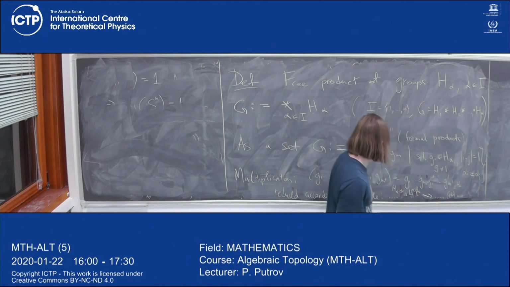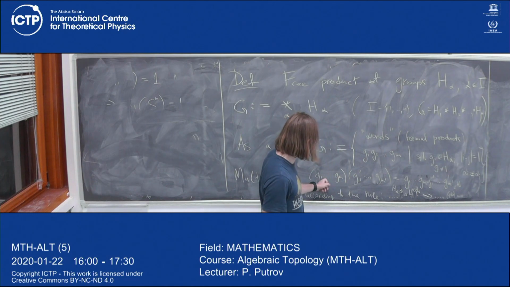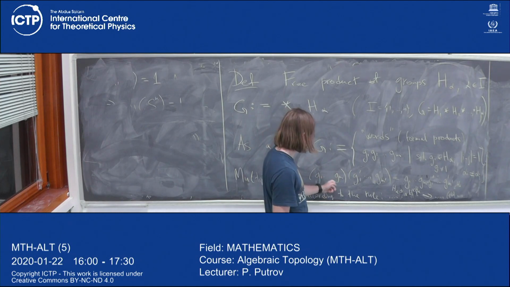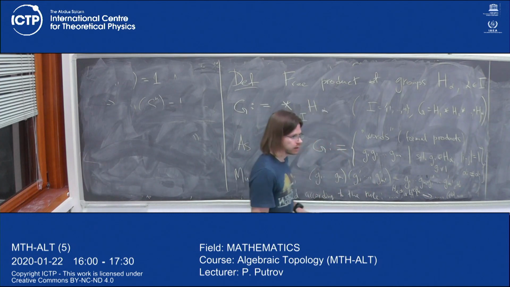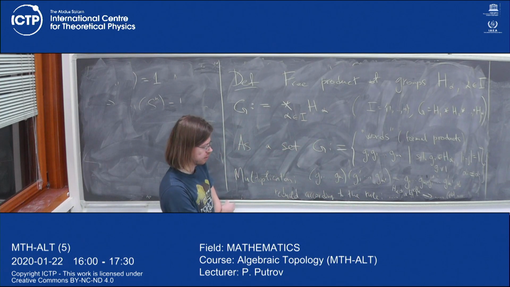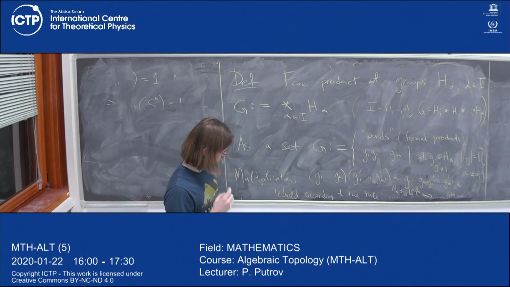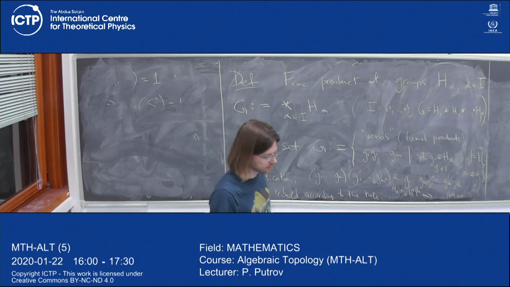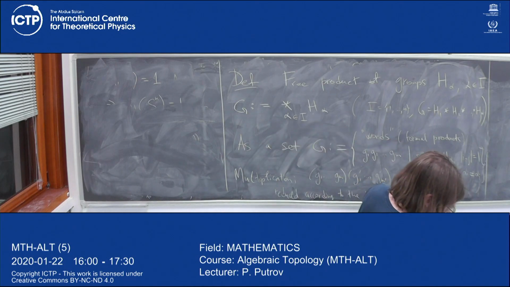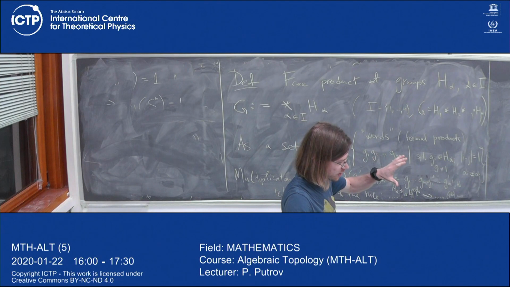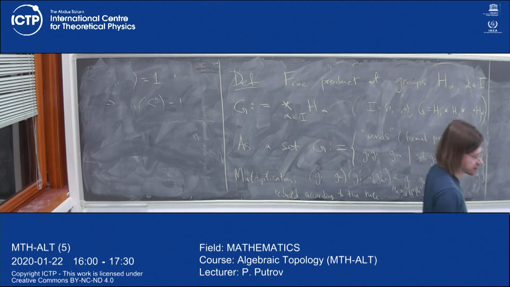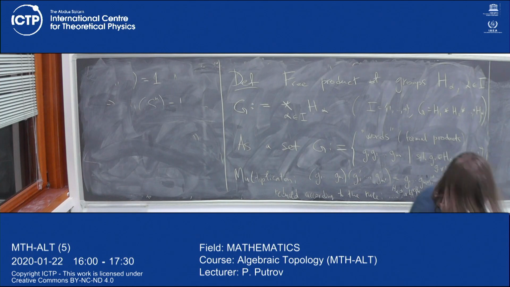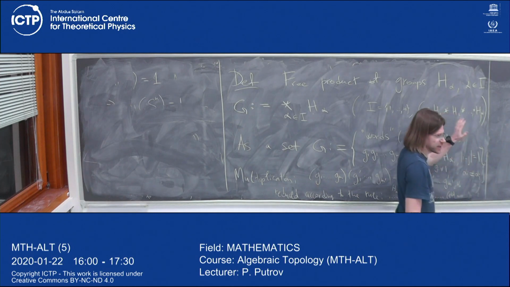In the case of two groups H1 and H2, if we start in H1, then the next element needs to not be in H1. So now if we take H1 equal to H2? No, but this is considered to be different copies. They may be isomorphic, but they are different groups.